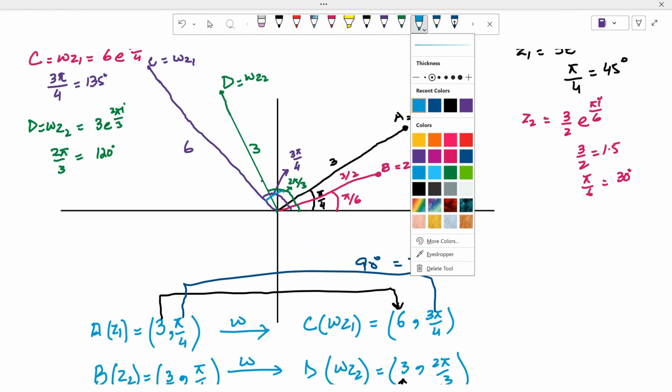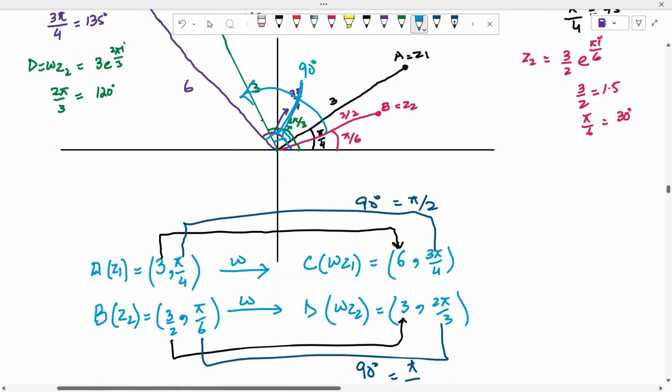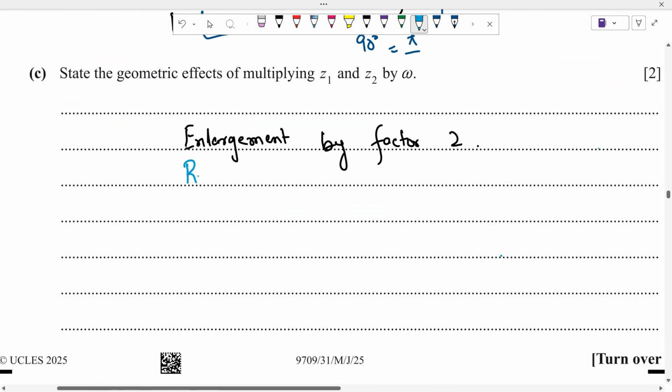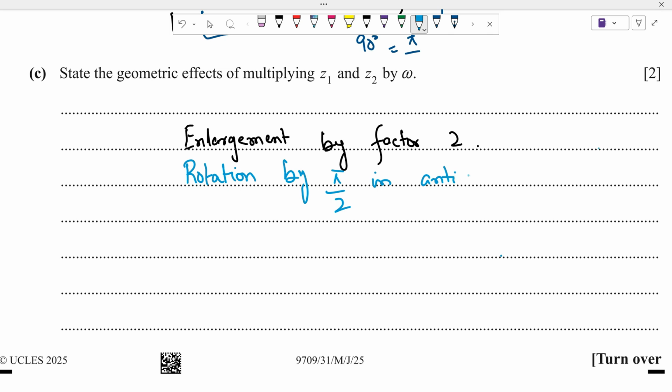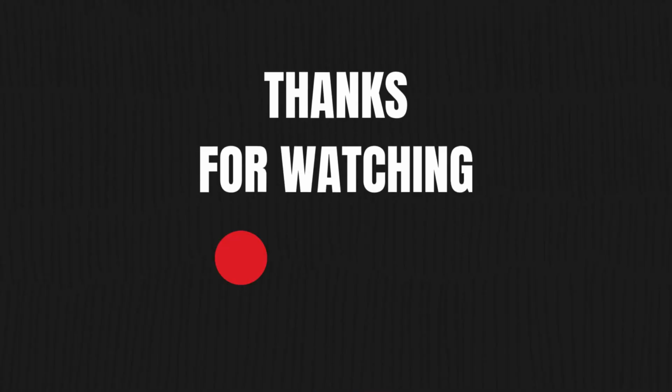Both angles differ by 90 degrees and the rotation is anti-clockwise. So we can say that the effect of multiplying z1 and z2 by omega is enlargement by factor 2 and rotation by pi by 2 in anti-clockwise direction.